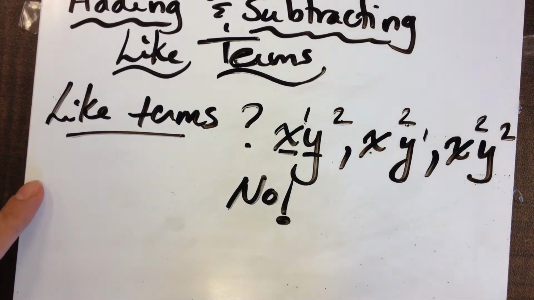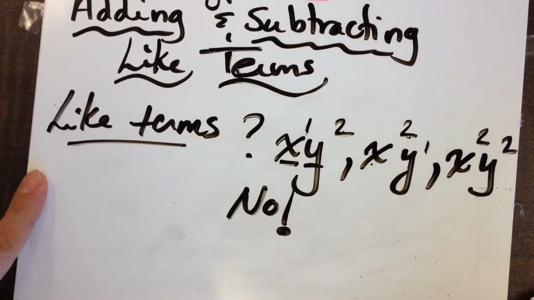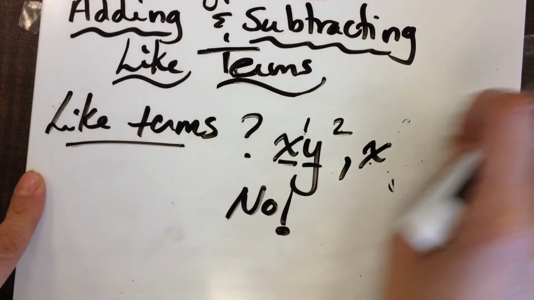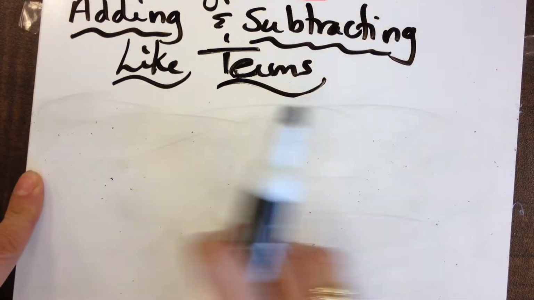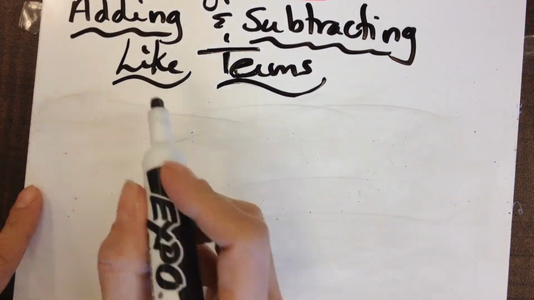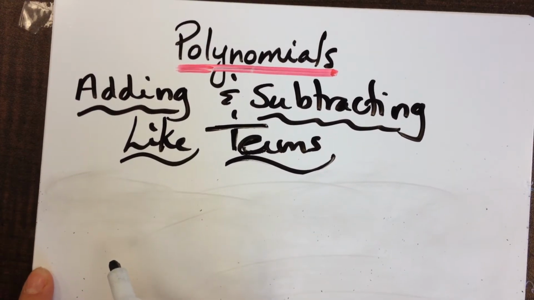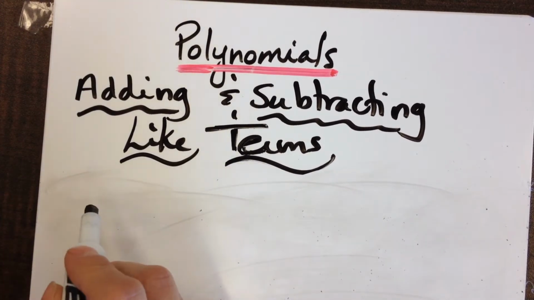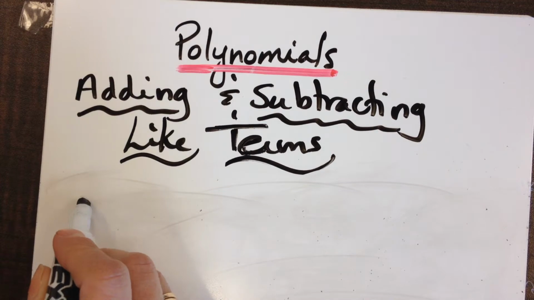So now that we know what are like terms and what families look like, how are we going to add and subtract them? Well, let's try this. I like to think that all of these terms, or these families, are going to a party.